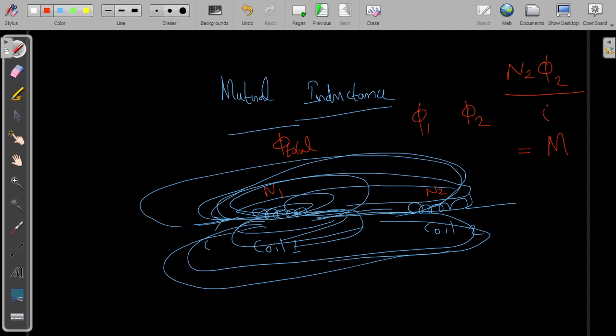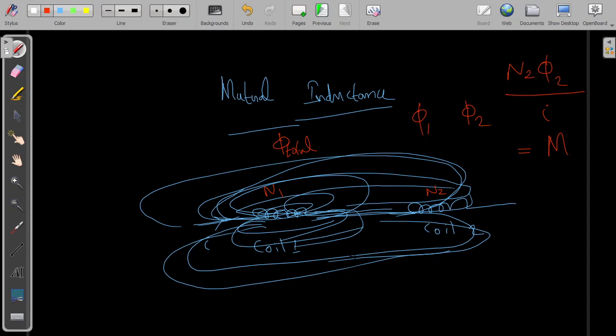Now, in the same manner, here the flux phi 1 is the flux linking with this coil 1.